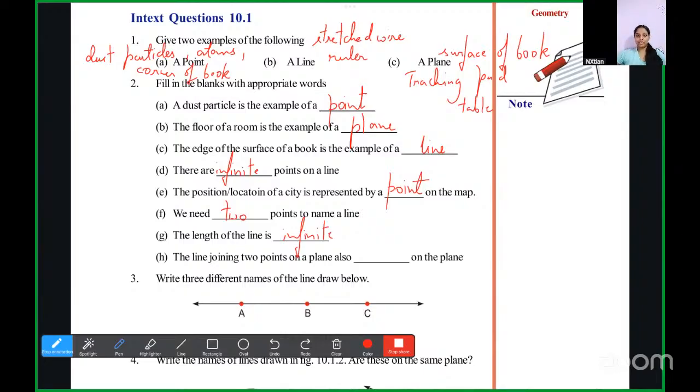Yes, parallel or straight. It is also a straight line on the plane. Ma'am, but if I say perpendicular, it's also correct, right? Perpendicular is also correct.